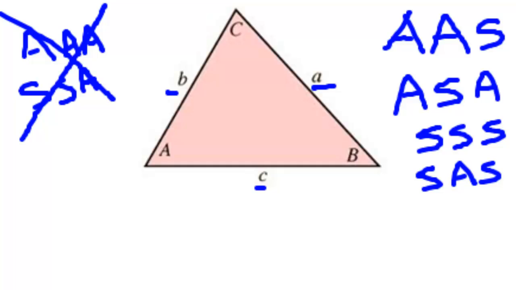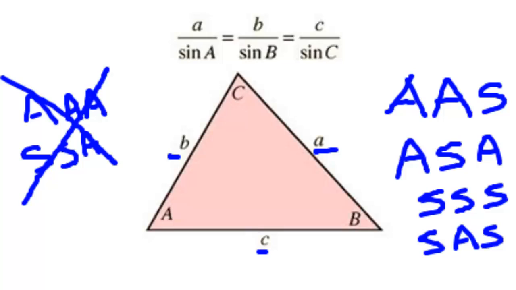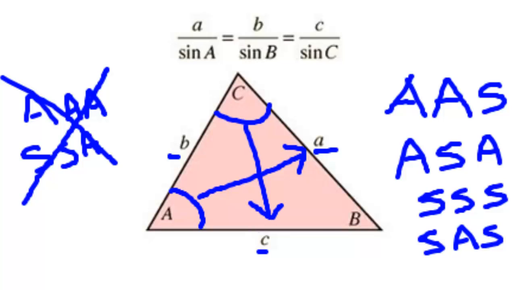The law of sines says that the ratio of the sine of an angle to the length of the opposite side is the same for all 3 angles of any triangle. So the ratio of the sine of A over a is the same as the sine of C over c and the sine of B over b.